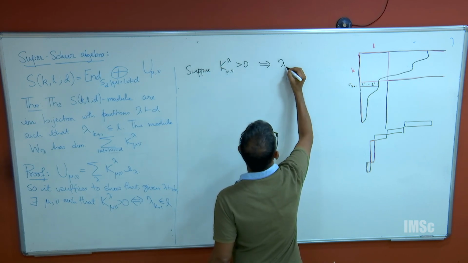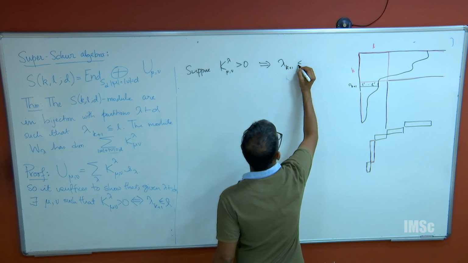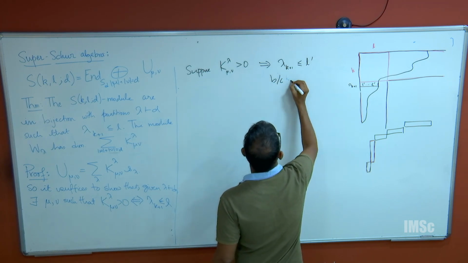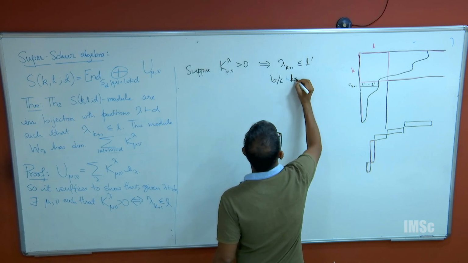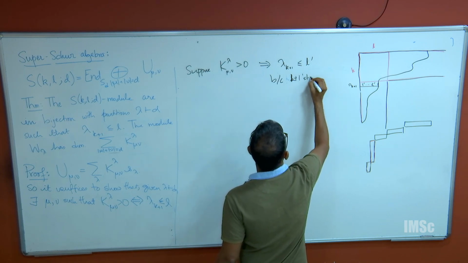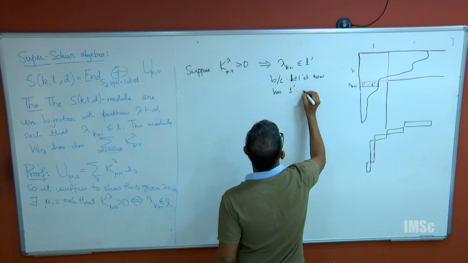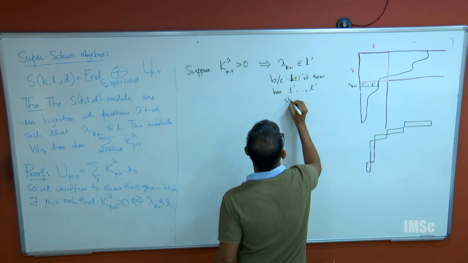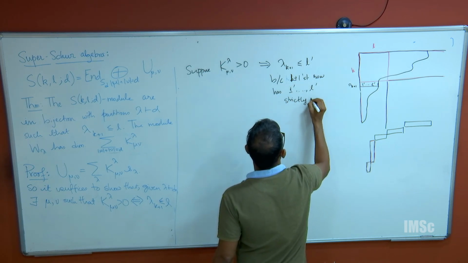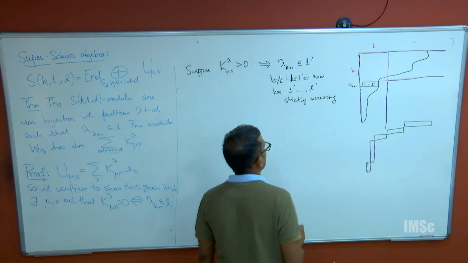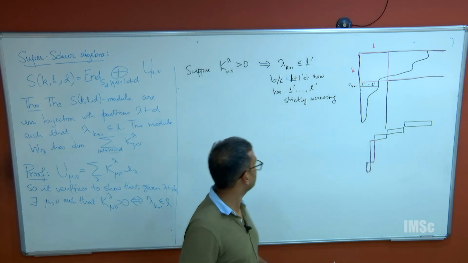Okay, so I don't know if I should write anything, because the k plus first row has 1 prime to L prime strictly increasing, a subset of 1 prime to L prime.